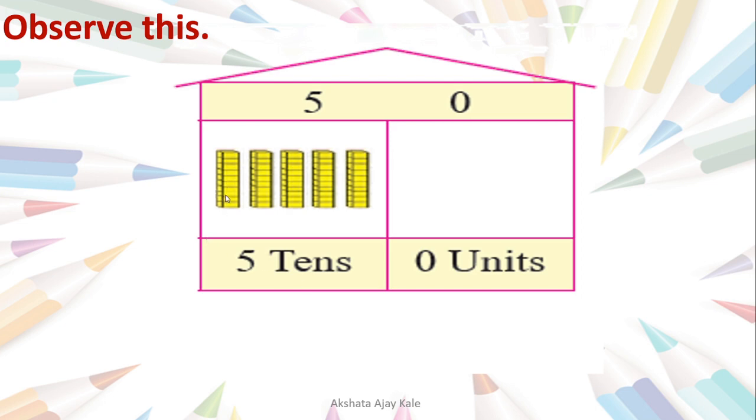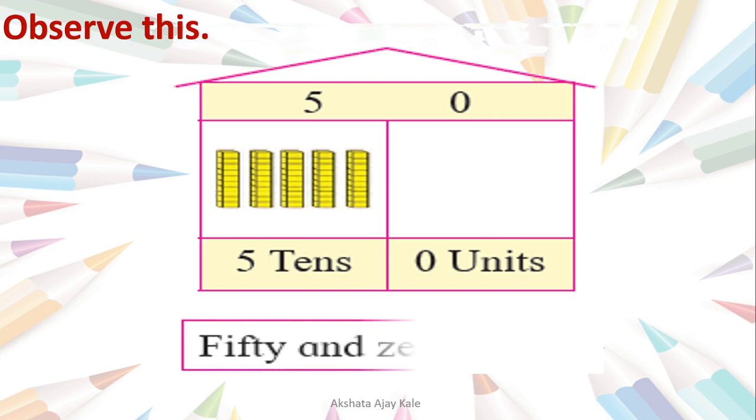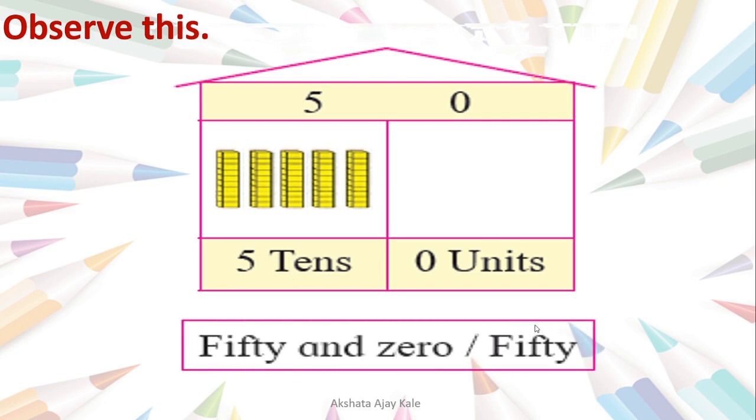Each bundle is of 10 boxes. So the answer is 5 tens, and when we write this in words, it is 50 and 0. 5 tens is nothing but 50, right? 50 and 0, that is equal to 50.